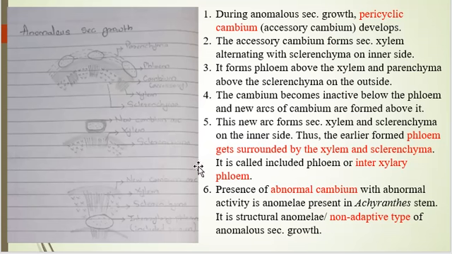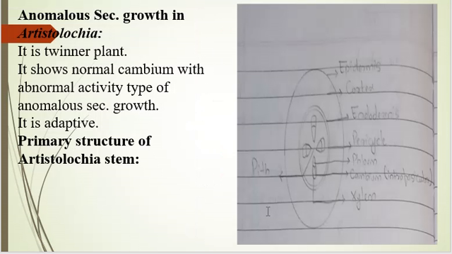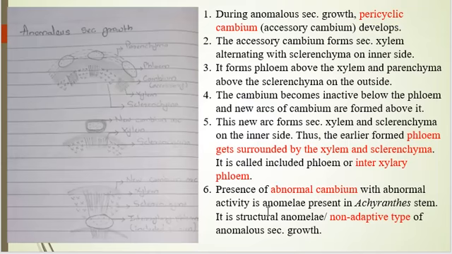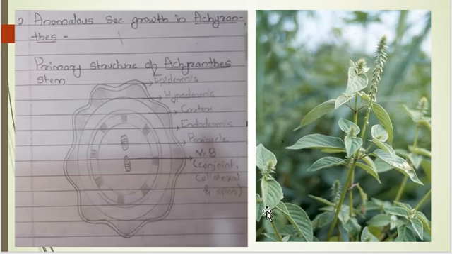The presence of abnormal cambium with abnormal activity are observed in the Achyranthes stem. So this is a non-adaptive type of anomalous secondary growth. So this is all about Achyranthes.